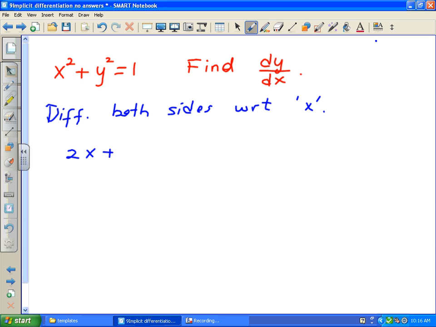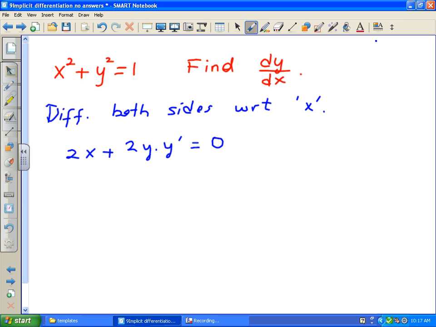What is the derivative of y squared with respect to x? Exactly. We've got to remember y is a function of x. It's 2y times y prime. And let us not forget to differentiate the right-hand side as well. Derivative of 1 is 0.